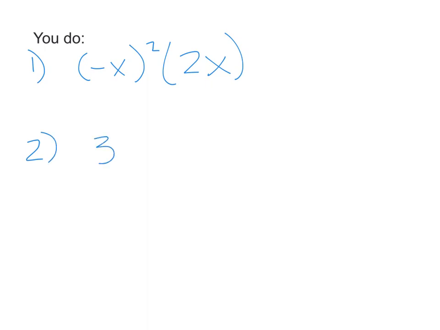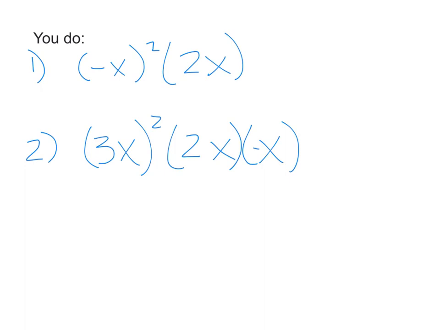So the examples that I want you to do, the first problem, you're going to do negative x squared times 2x. And then the second problem is going to be 3x squared times 2x times negative x squared.